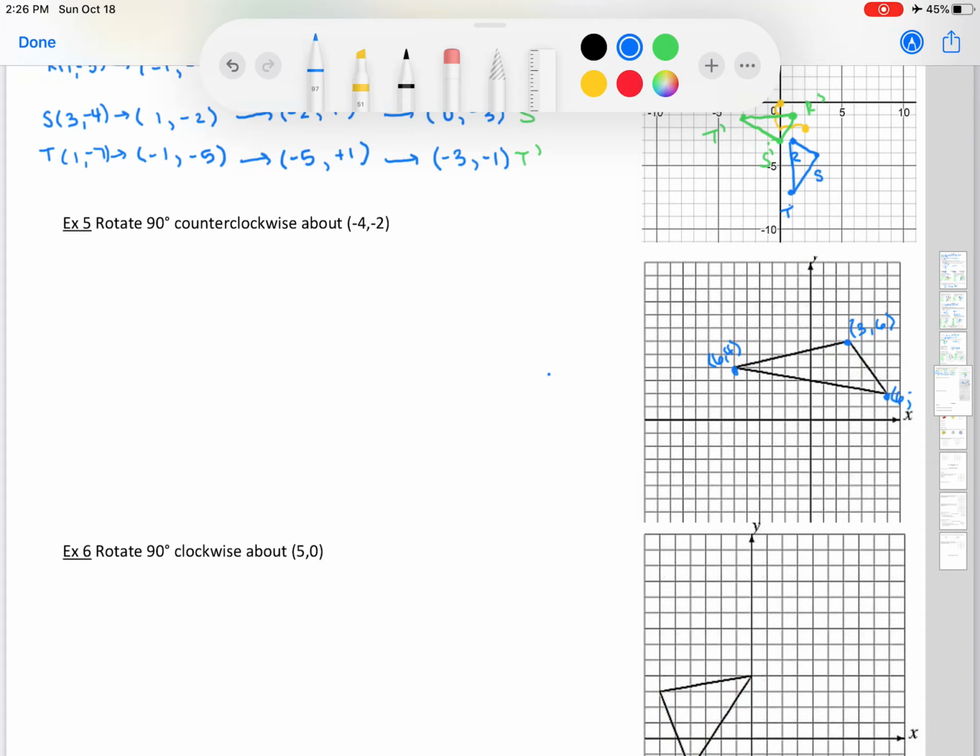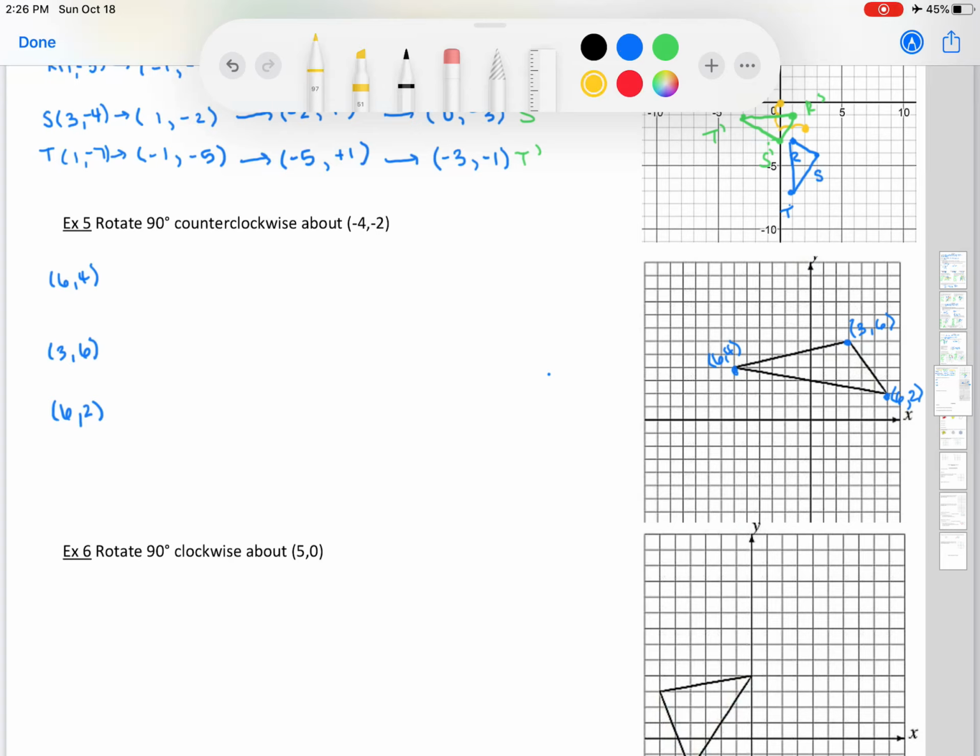And then this other point, we went over 6 and up 2. Okay, so this time they're not giving us labels on points, they're giving us the points and testing our ability to then list those points. So we are starting with 6, 4, 3, 6, and 6, 2.